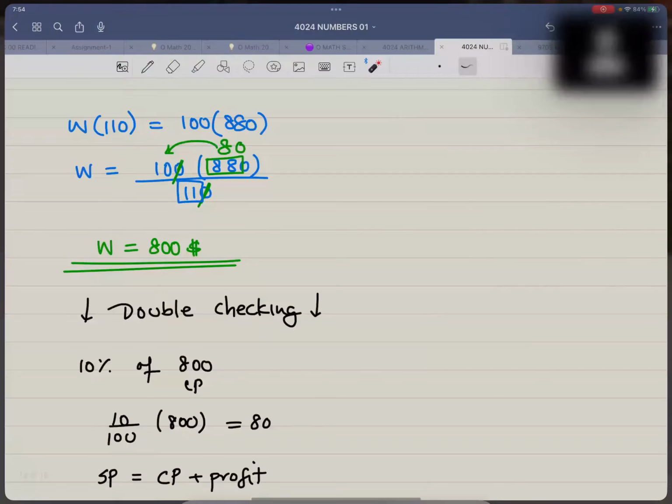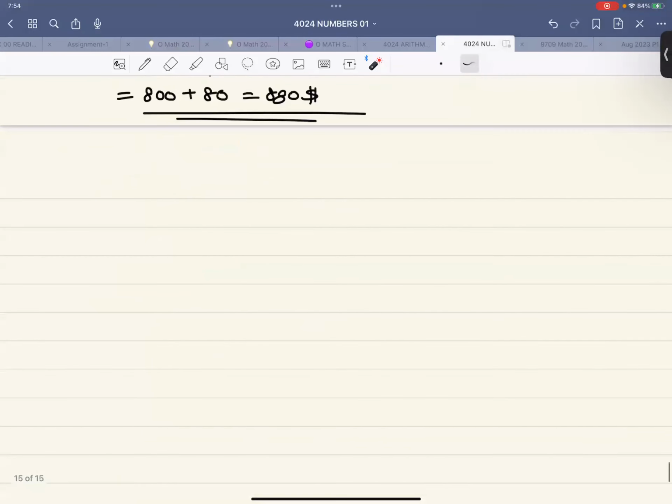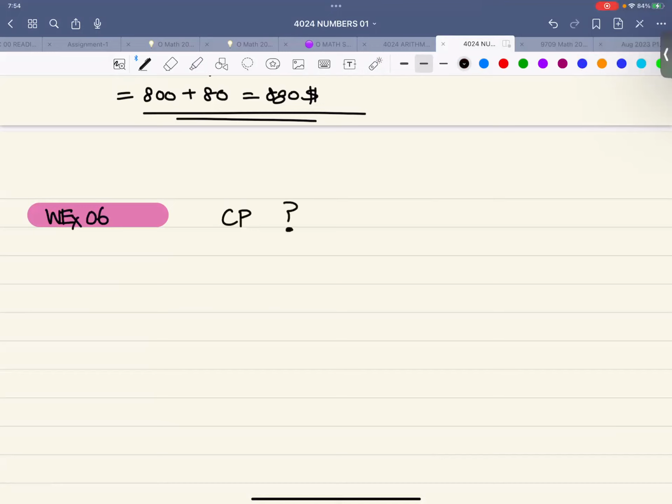Now let's do another worked example. This time, this is worked example 6. The cost price is unknown. The loss percentage, the discount percentage, is 20%.